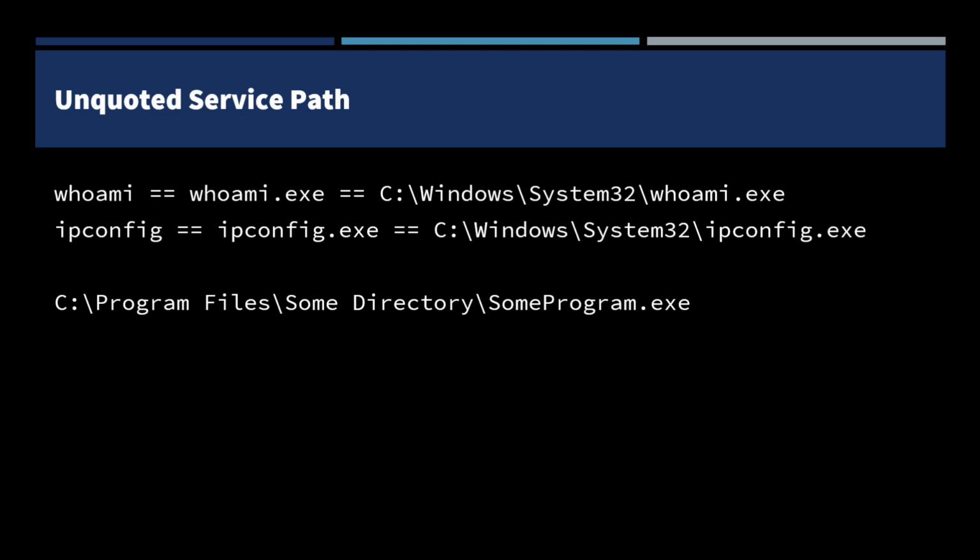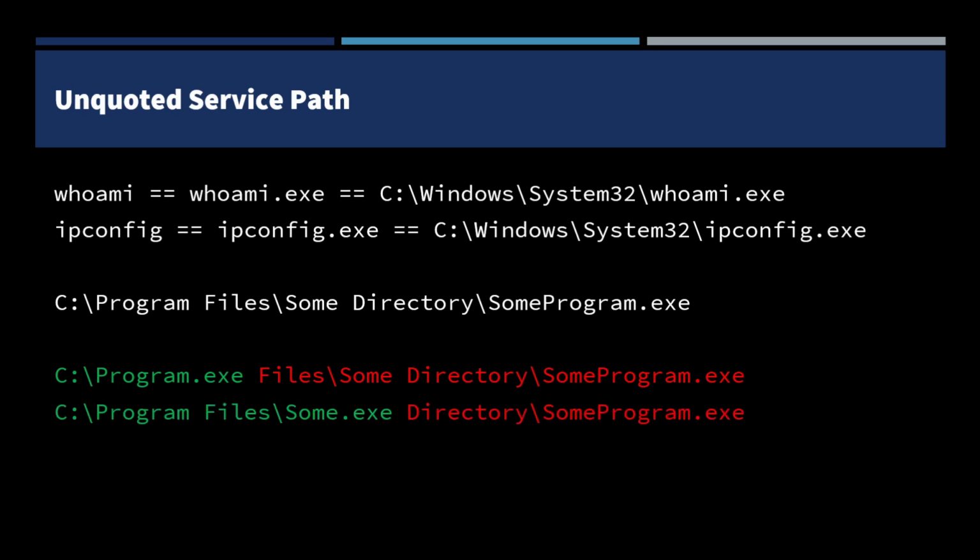To more easily show how Windows tries interpreting this, I'm going to display what Windows thinks is the executable in green and what it thinks might be arguments in red. So firstly, it sees the space after Program and thinks, okay, maybe Program.exe is the executable, and there are 2 arguments, Files\Some and Directory\Some Program.exe.